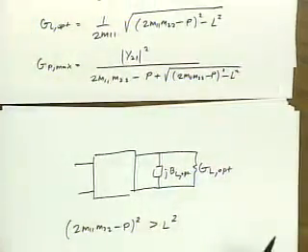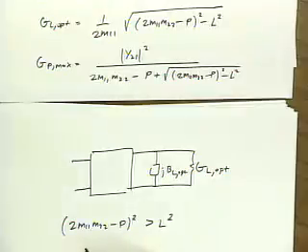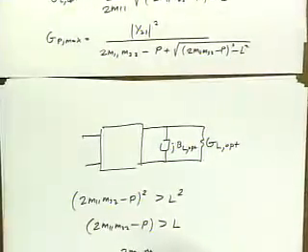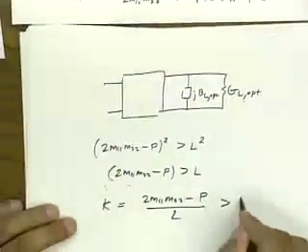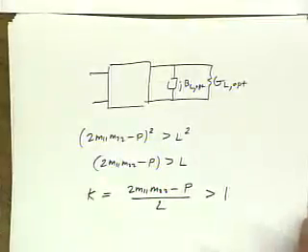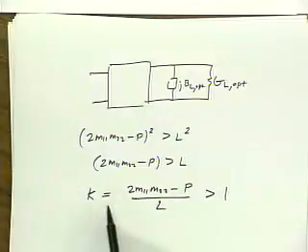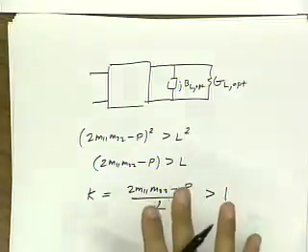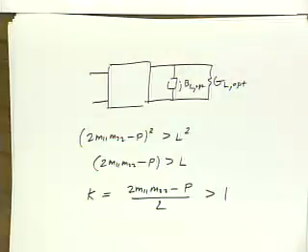Rewriting this, both sides are squared, so I can take the square root of both sides and define a constant k, which has to be bigger than 1. So the condition for the solution to exist is that k has to be greater than 1. Up to here, this is just some wacky constant. We don't really know what it represents. We just know that it's related to having a real load termination.